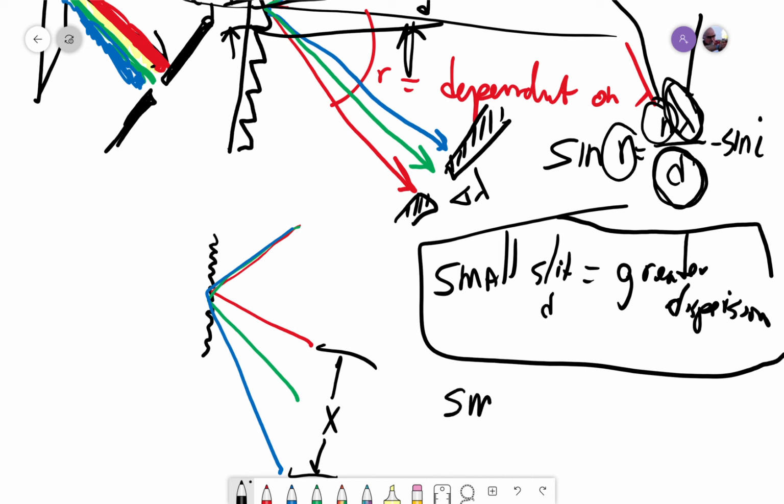That means a small slit equals small linear reciprocal dispersion. Remember, linear reciprocal dispersion is reciprocal, so small d to the minus 1 means really big dispersion.